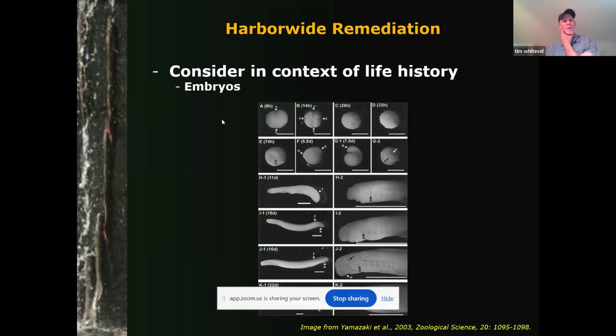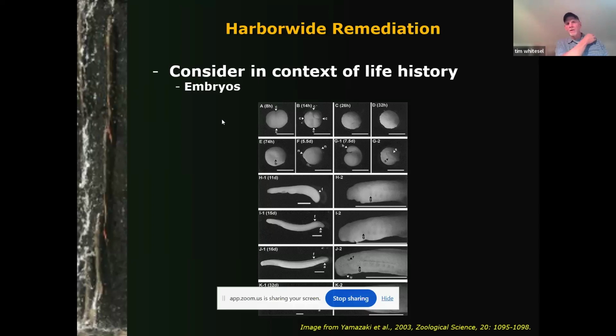It's conceivable that they could spawn somewhere around the Portland Harbor, but it's really not something that we know much about. We don't really think it happens very often, if at all. And so I don't think there's much that can be done relative to embryos, at least not at the moment, given what we know.